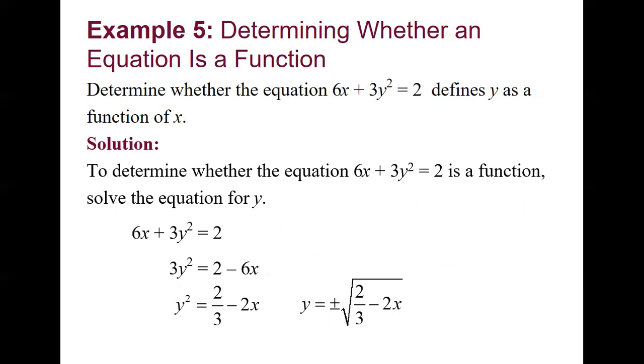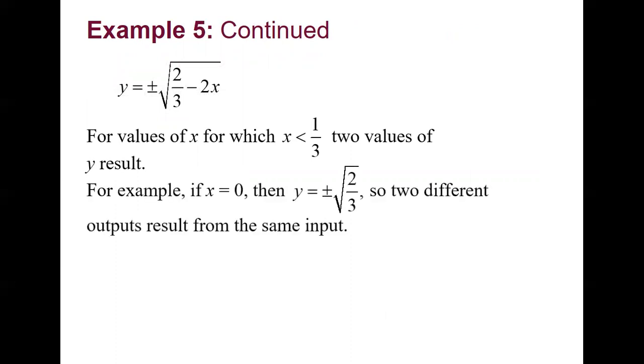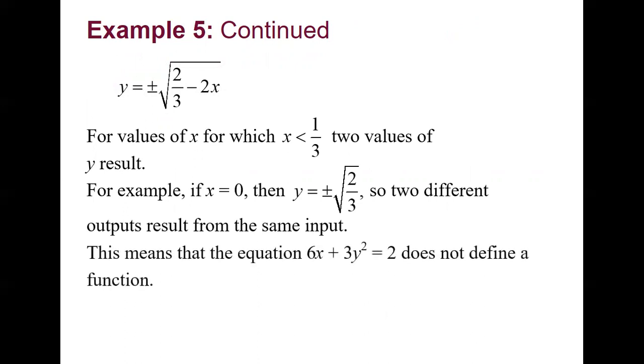You get a plus or minus, right? So that means that your x values are going to repeat because it's going to have a positive output and a negative output. Does that make sense? So therefore, this is not a function. Okay. And the only way that this would become a function is if you set restrictions, but until then, it is not a function. Okay.